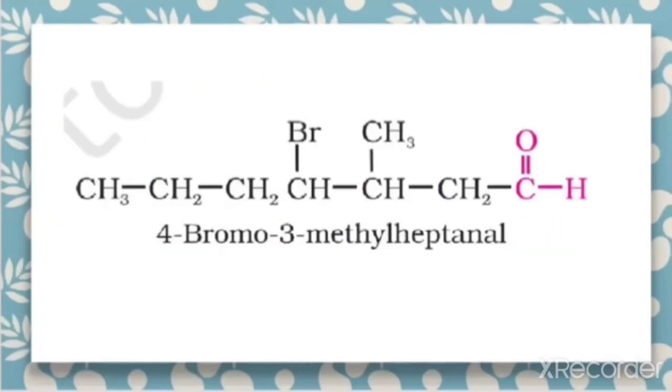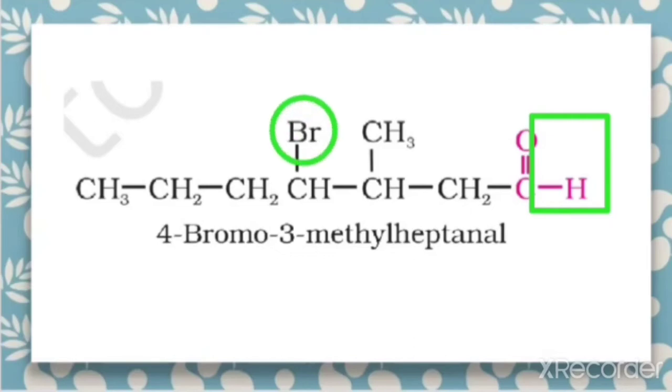The next example here, as it is given, we have to first identify the functional group. So which one is the functional group here? That is this. The aldehyde group is the functional group, and here there is one substituent, that is Br, and here there is one substituent, that is a methyl group.